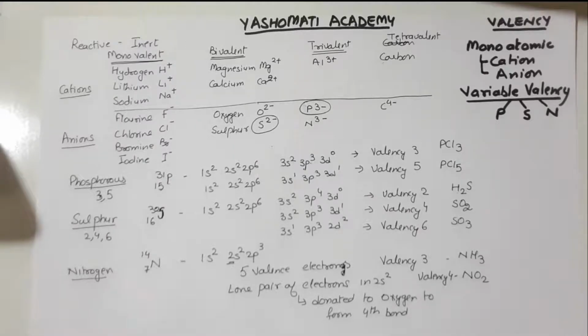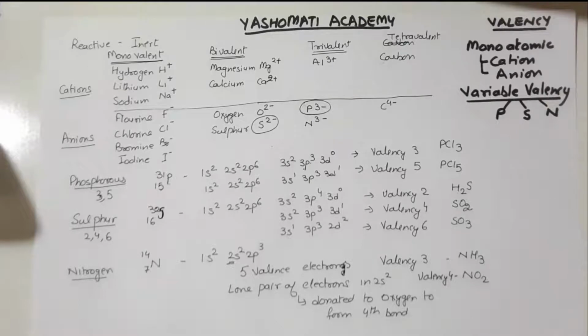So we have understood that some elements have only one valency, whereas some elements have a tendency to show more than one valency, and hence they are said to have variable valencies.